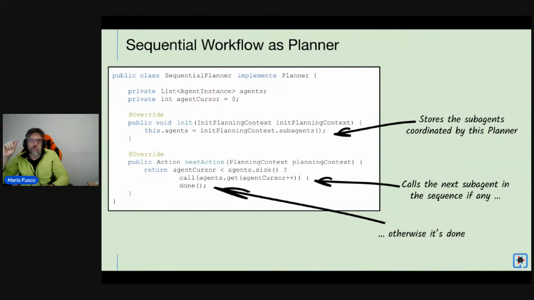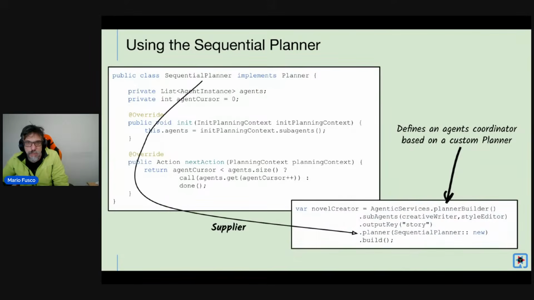I don't need to do anything special for the first action, so I just let the default implementation call the next action. In the next action, I just increment this cursor. If I reach the end of the list, I return this done action to say, okay, I'm done, the workflow is finishing. Otherwise, I tell the planner to call the next agent in the list, and that's all. So this is how the sequential workflow has been re-implemented in terms of this planner abstraction.